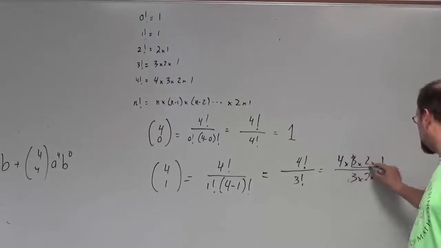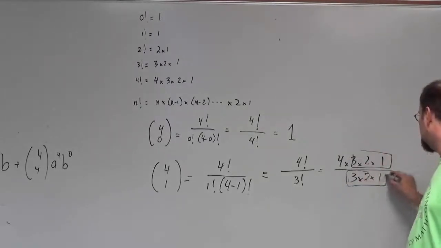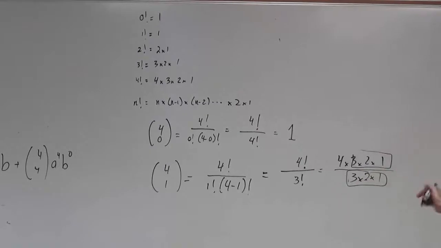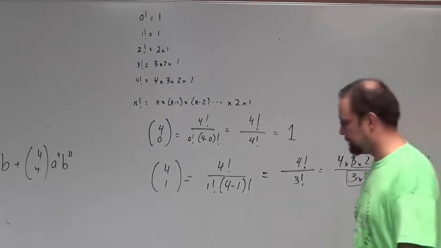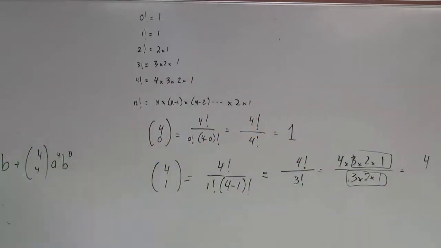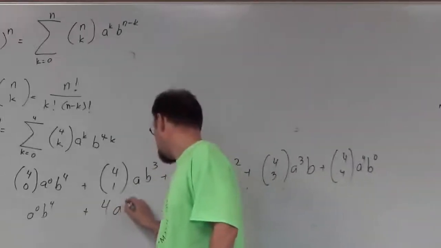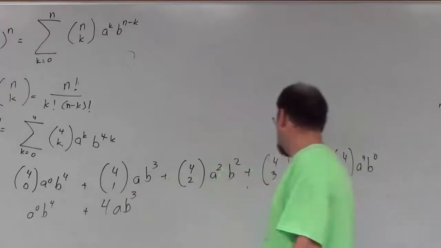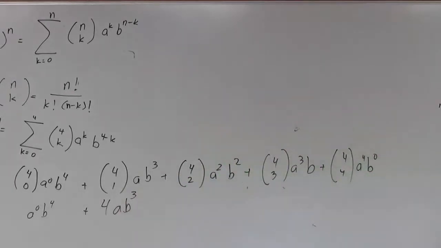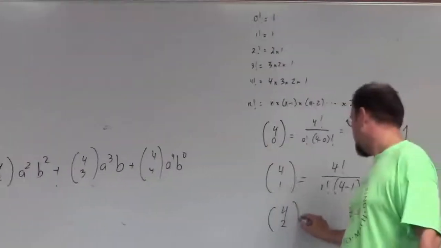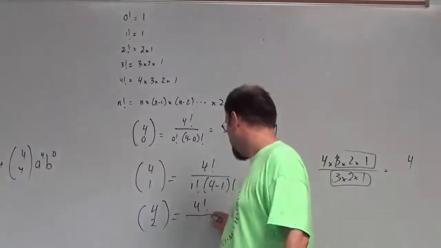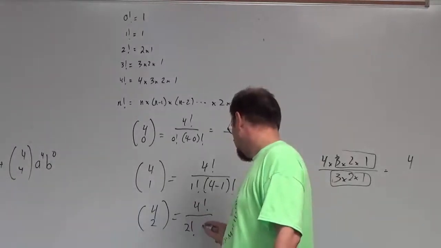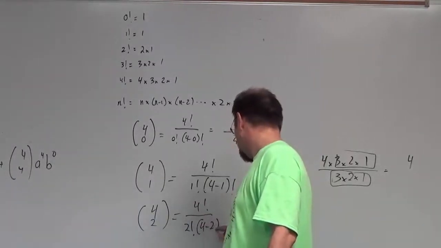You see that 3 times 2 times 1 is a common factor, so we just get 4. And I'll do 4 choose 2, but you see the pattern. You just want to be familiar with the formula to do the assignment.